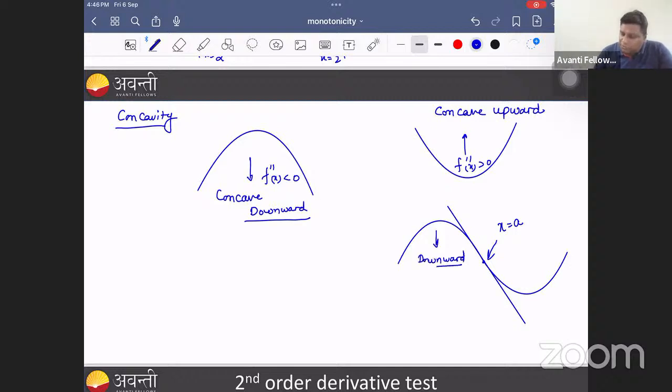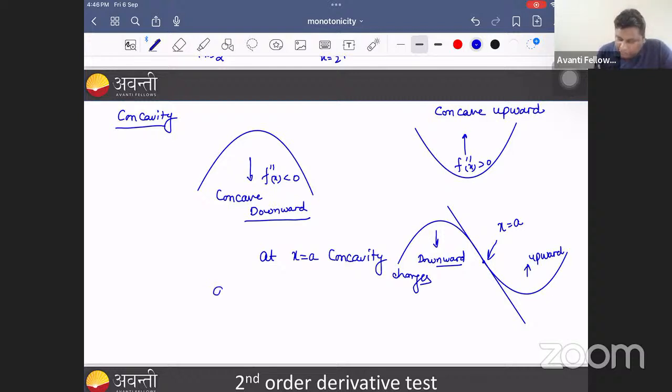After x equals a, you see it is concave upward. At x equals a, concavity changes.